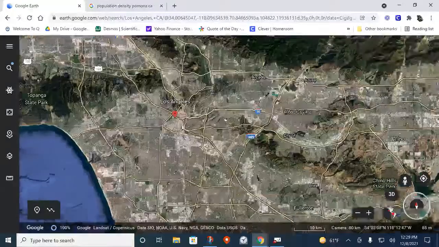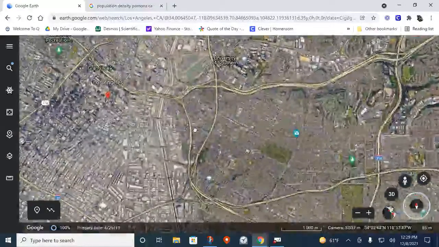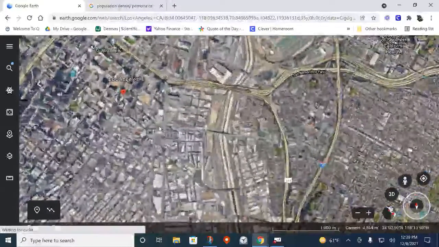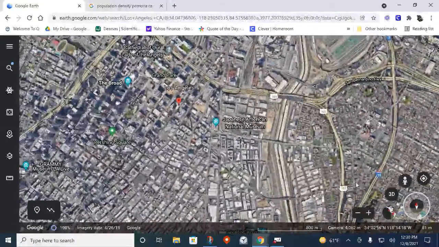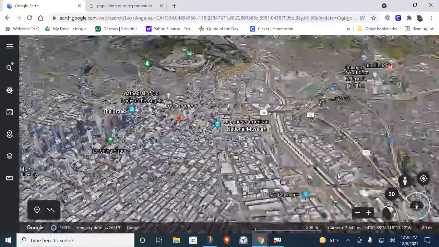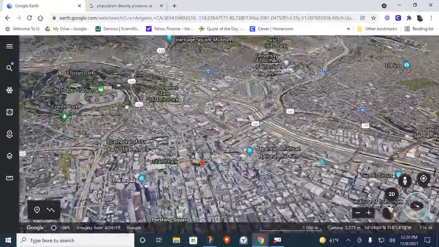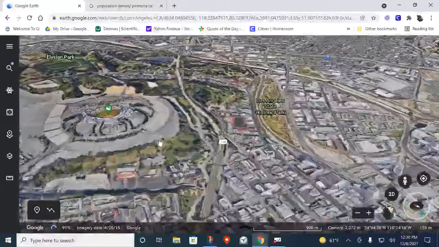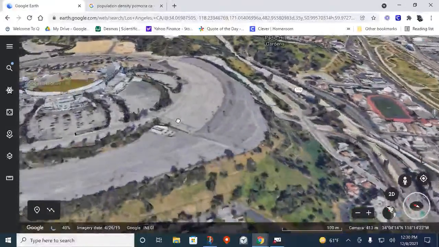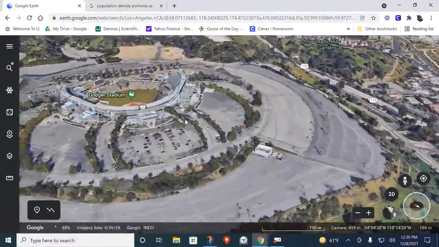There we are. There's LA. It looks a lot more packed than Pomona for sure. Let me go 3D. Oh, by the way, there's my Dodger Stadium right there. Yeah, let's go to Dodger Stadium. Nice. There's my Dodger Stadium.